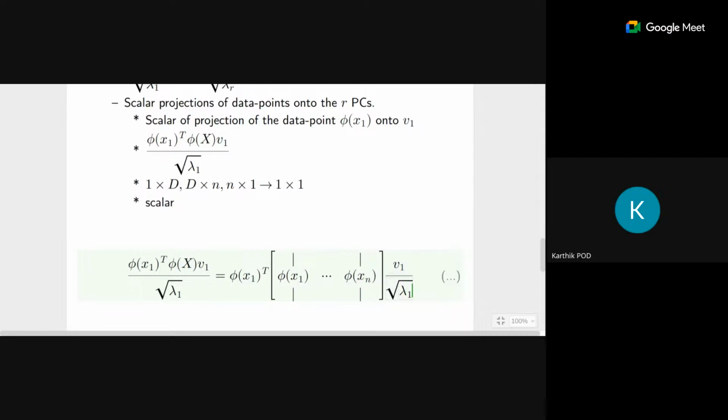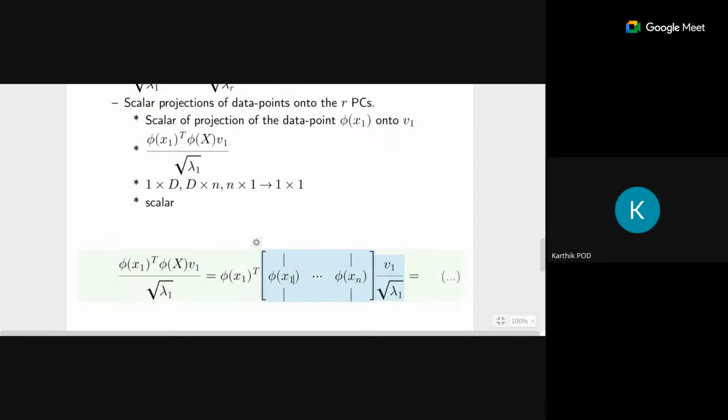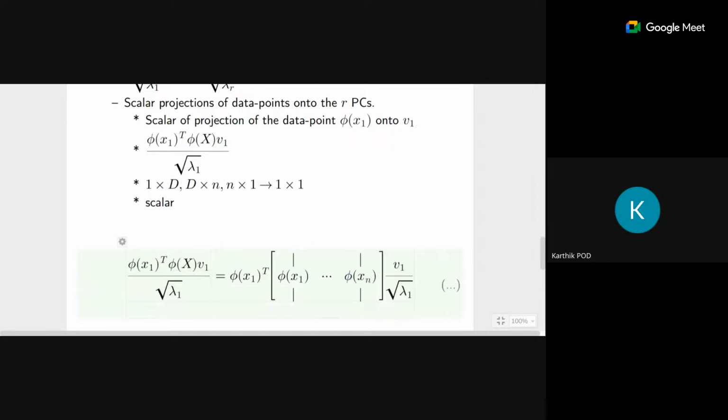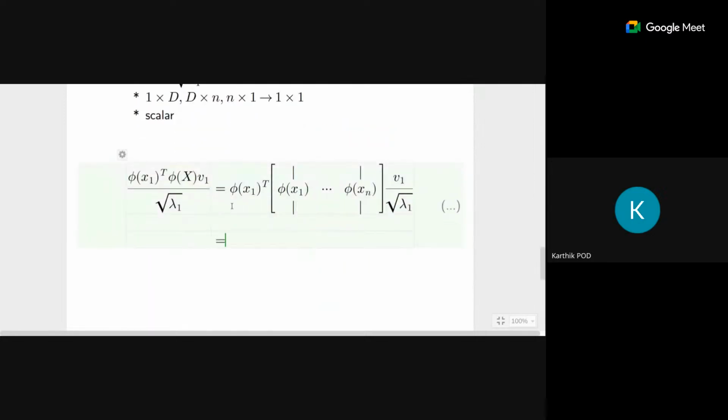I'm just expanding this out so that it becomes clearer. This data matrix in the transform setting is capital D cross N, and this is your vector. Now, if you multiply the first two, 1 cross D and D cross N, what will you get?